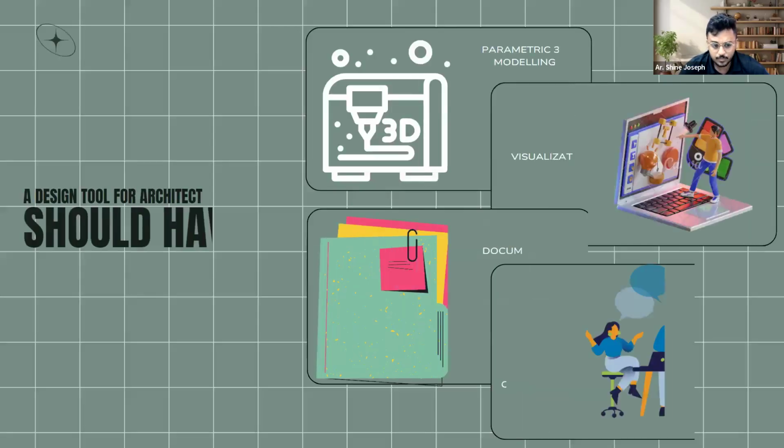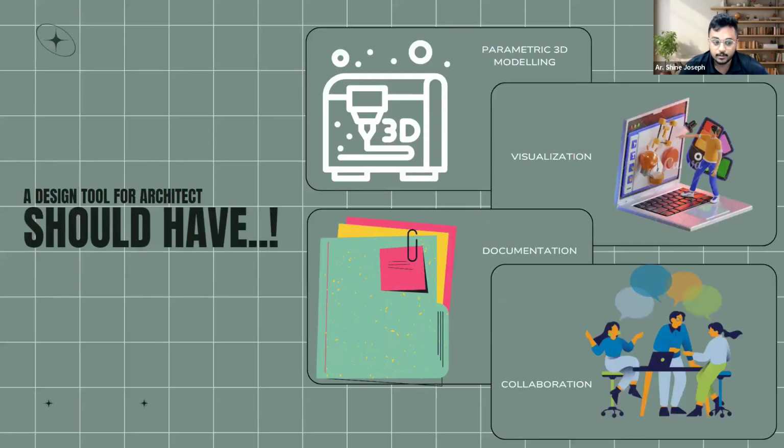Now, when you select a tool as a designer or as an architect or an engineer, you have to look at certain aspects of it to take it forward. One of them is being able to design something parametrically, because the process of design is actually not constant. It keeps changing. The parameters keep varying. Then visualization, not just creating a 3D model or having certain information.